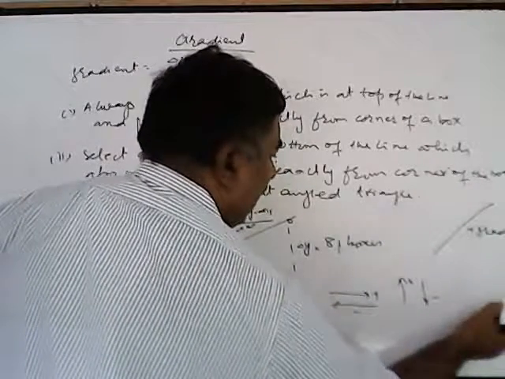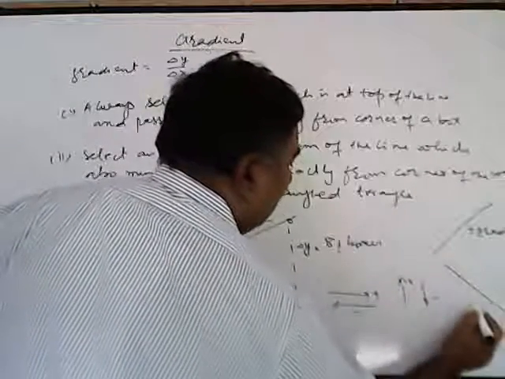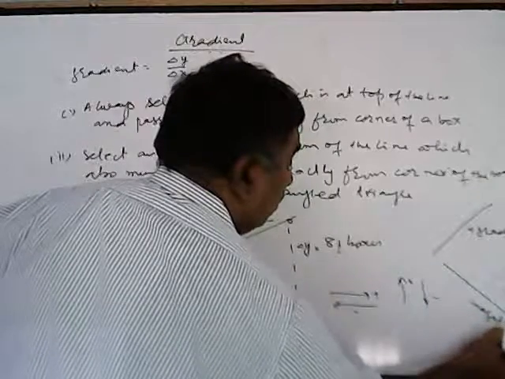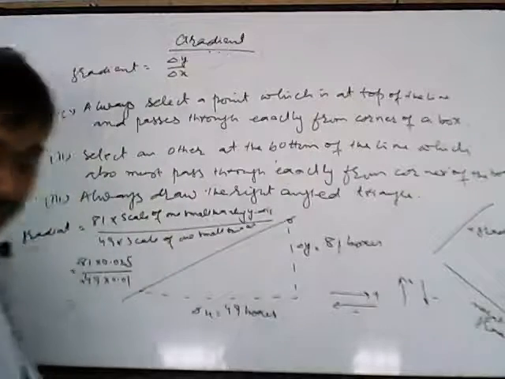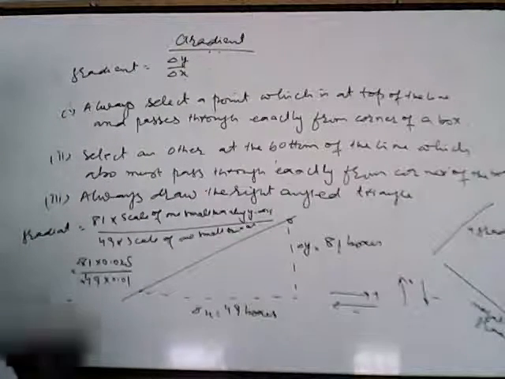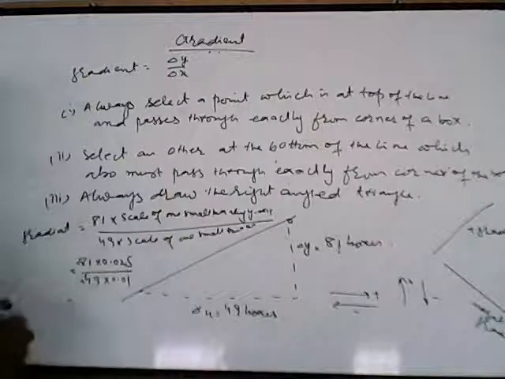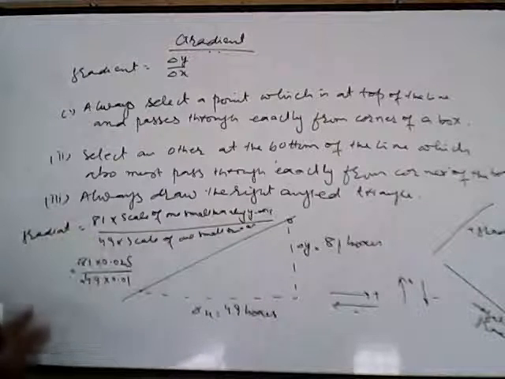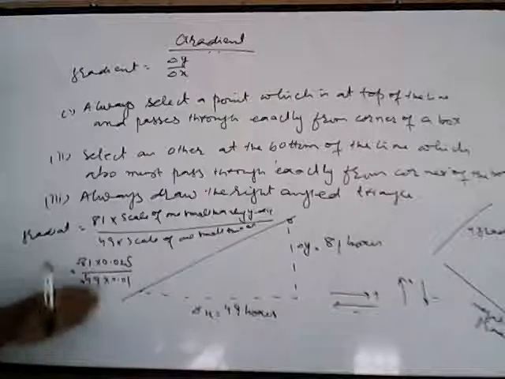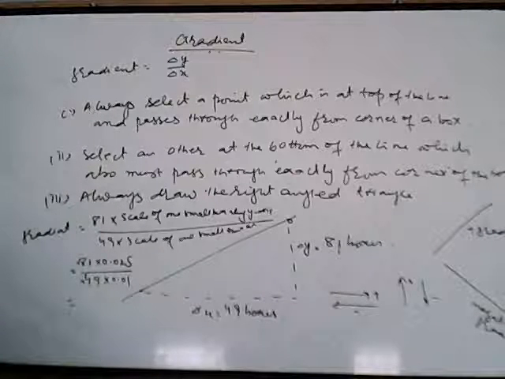And if the line is like this one, this is the negative gradient. So this is clearly a positive gradient, I will take this one and calculate whatever comes, that will be the gradient. I don't mind whatever the calculation comes out to be. It should be in 3 significant figures. So this will be the gradient.